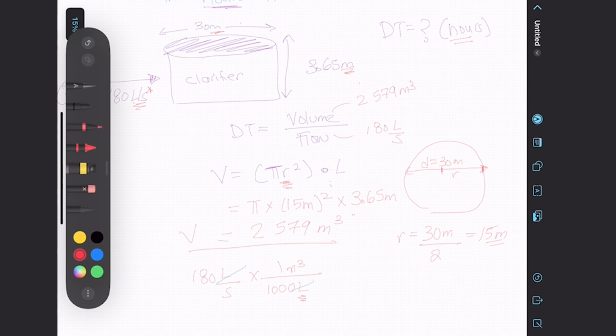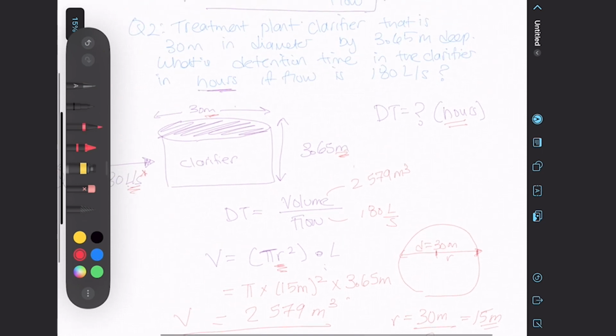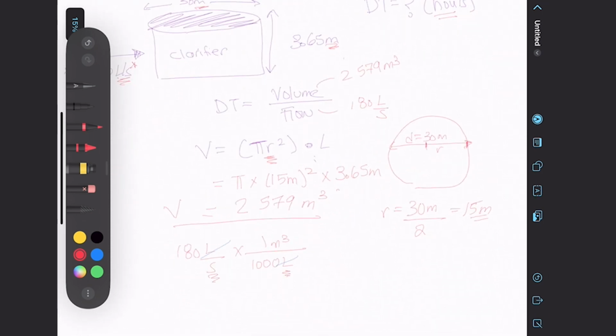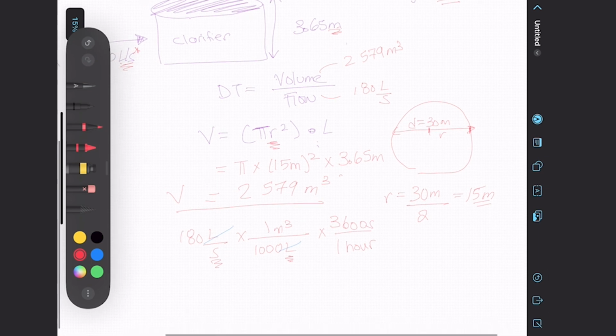Now I'm not going to stop there, because if you remember, the detention time is asked for in hours. So let's also convert our seconds here into hours. To do that, we know that in 1 hour there are 3,600 seconds. Okay, so our seconds are going to cancel out, and we are going to end up with 648 meter cube per hour as our flow.